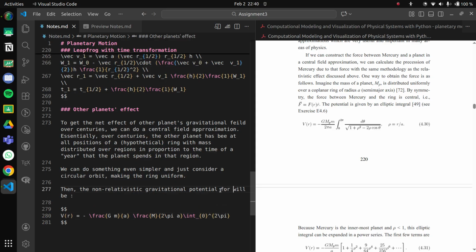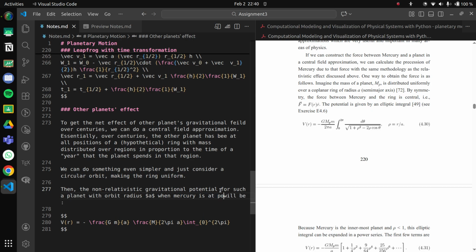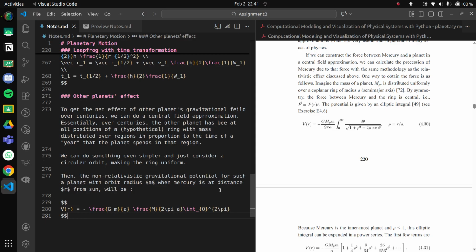Potential for such a planet with orbit radius a, and the Mercury is at distance r from the Sun, will be, and it's given.